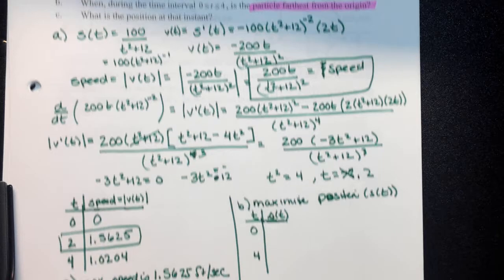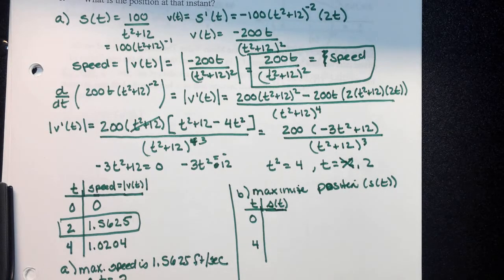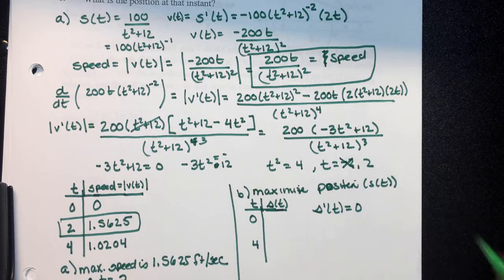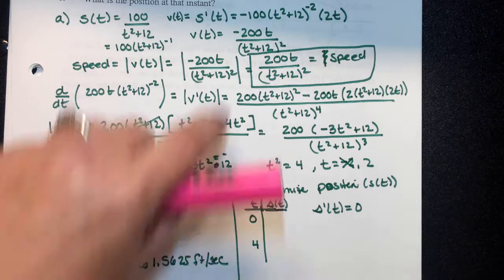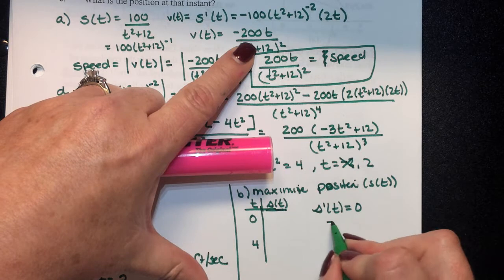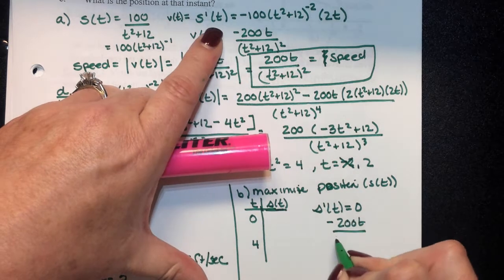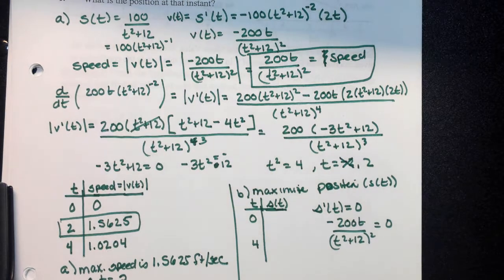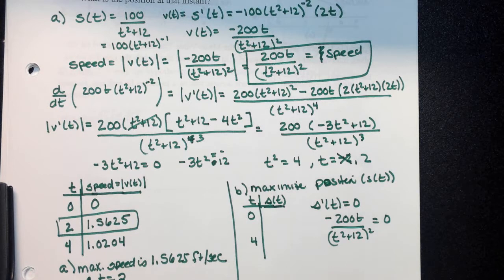To find the maximum, I have to know where S prime of t is equal to 0, which is your velocity function, negative 200t over t squared plus 12 to the second. I need to set that equal to 0. So what's the critical value coming from the position function then? The derivative of the position, 0, which I already have as one of my candidates.